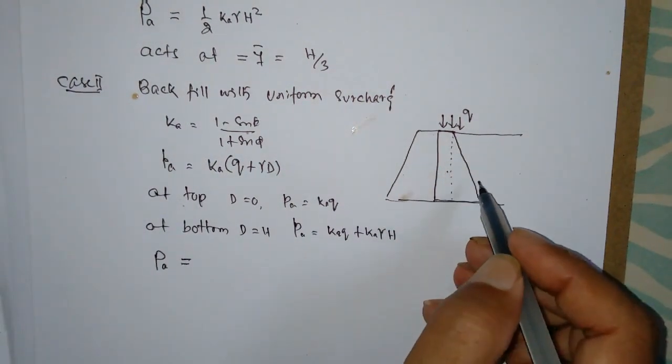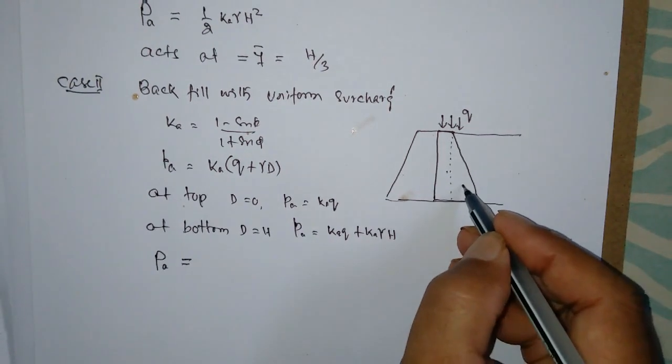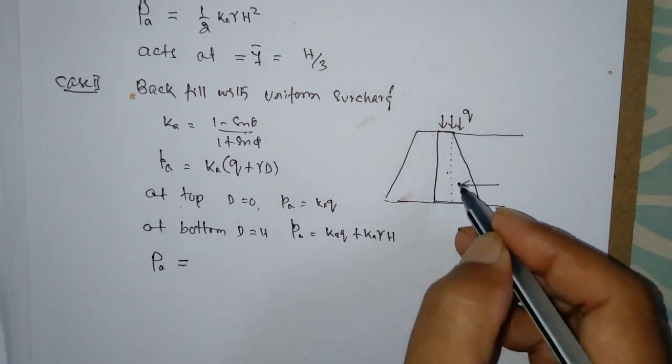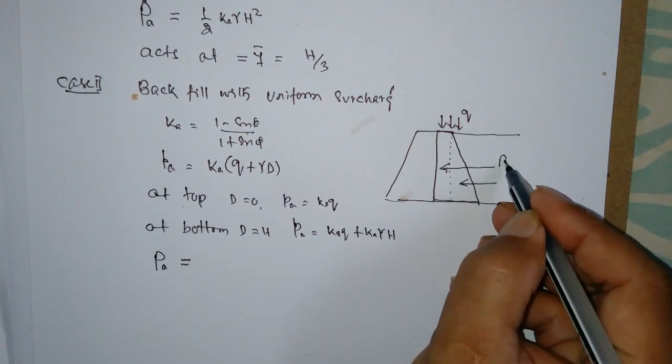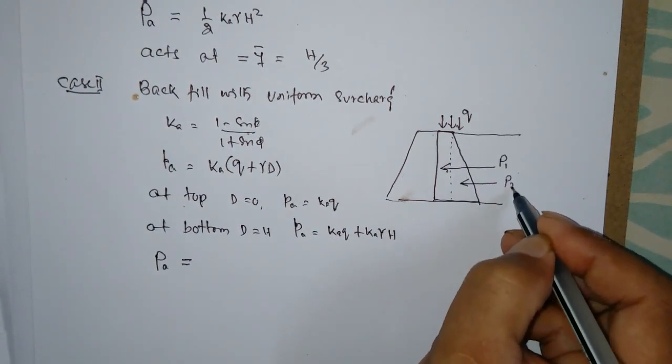So there is a rectangle and there is a triangle. For the triangle there is a P and for the rectangle there is a P. Suppose this is P1, this is P2.